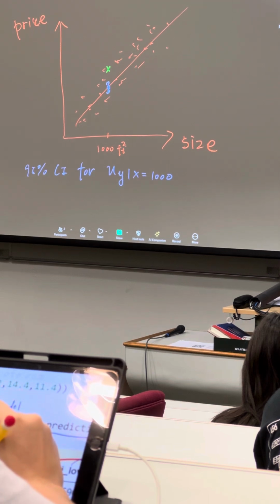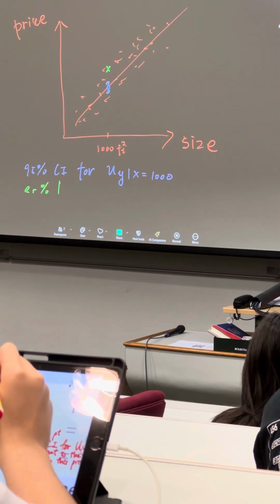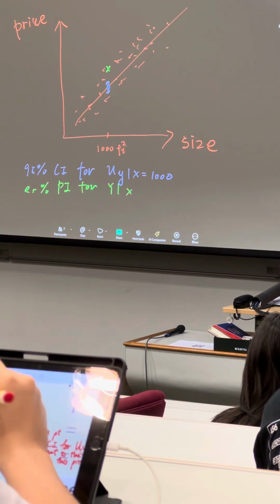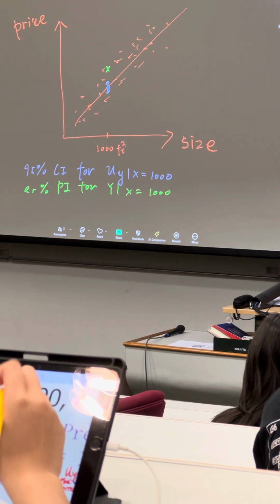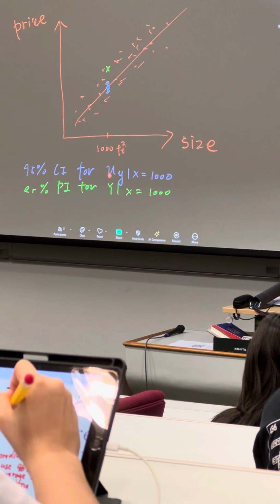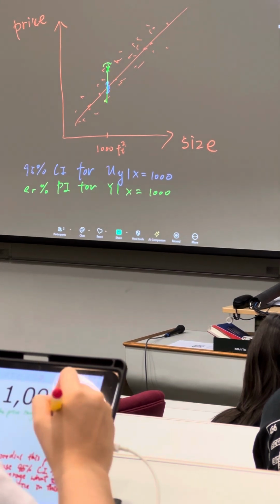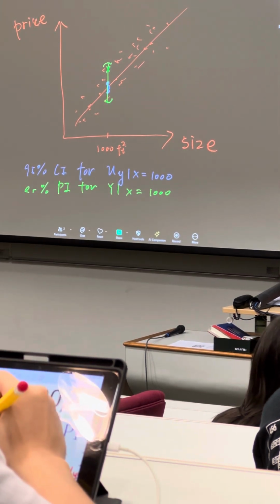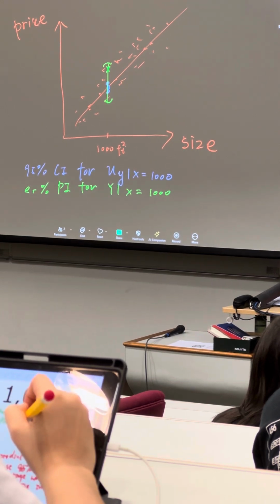Then I'm using the 95% prediction interval for the individual value of y given x equal to 1,000 square feet, because I'm talking about finding the price range for that particular house. So that is the individual value of y. And then the prediction interval will be like this, much wider, because it is more difficult to estimate or predict an individual value than the average value.